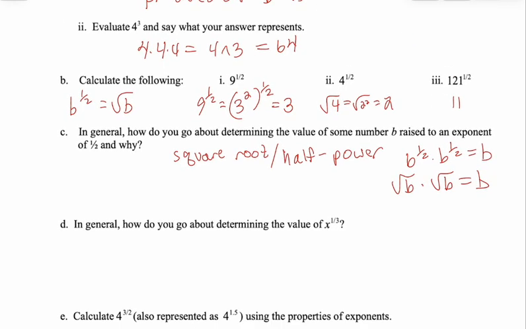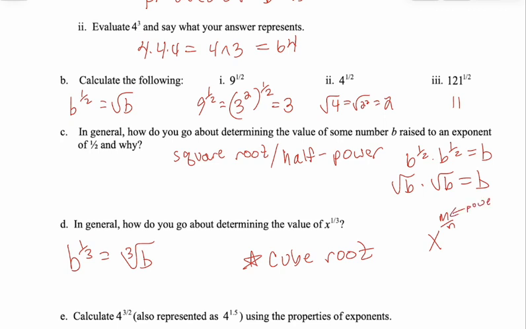D is moving on to think about what a 1/3 is. A 1/3 power is the same as a cube root. Anytime you have a fractional exponent, this is still going to represent a power. This is going to be the index in your root.